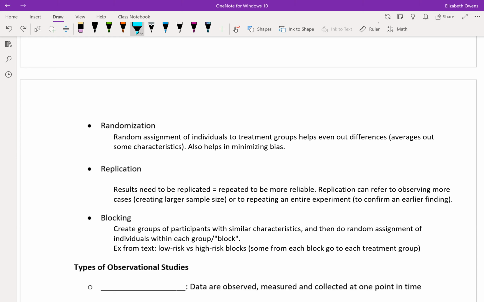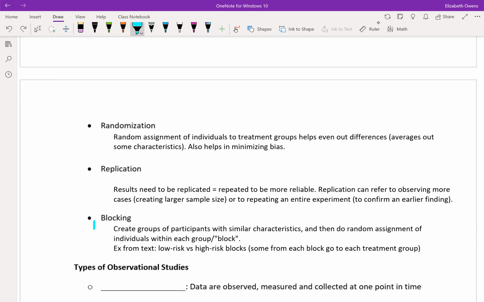If you end up getting the same results, that really lends credence to both of your findings that it's probably an accurate result and a well designed study. So, replication or repeating the same results is a good thing to have.